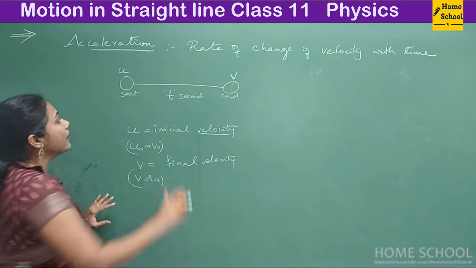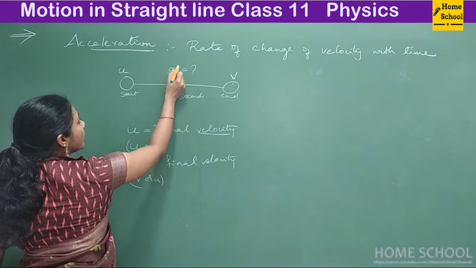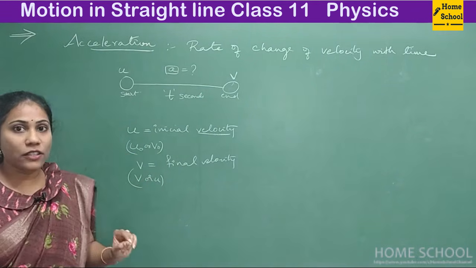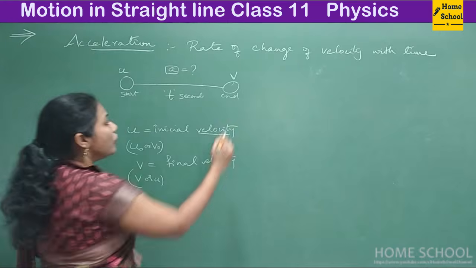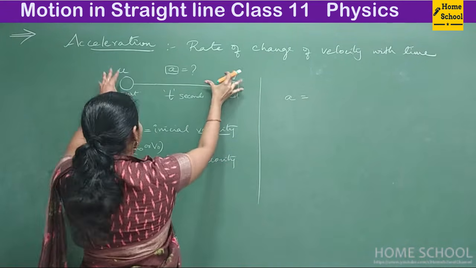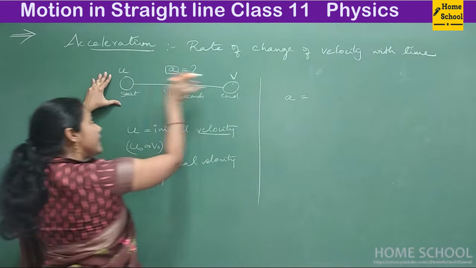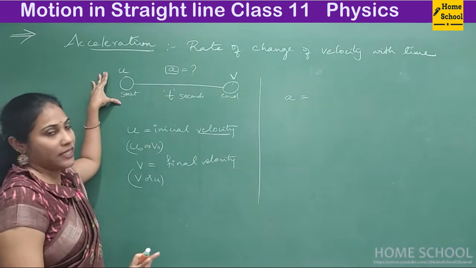Okay, and here what is acceleration? Acceleration is normally denoted with the small letter a. So acceleration a is equal to the change in velocity. How do you write change in velocity? Final velocity minus initial velocity, isn't it?